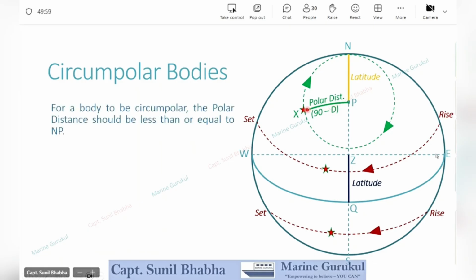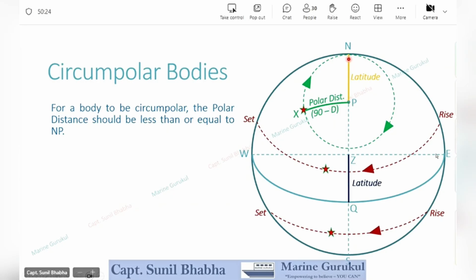Now we can clearly see in this particular diagram that for a particular body to be circumpolar, the polar distance of the body, which represents the radius of the declination circle, should always be less than or equal to NP.